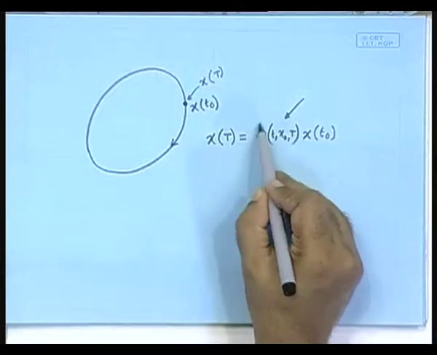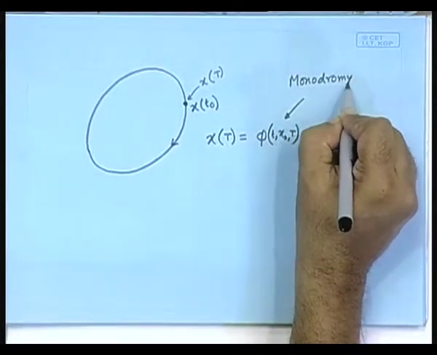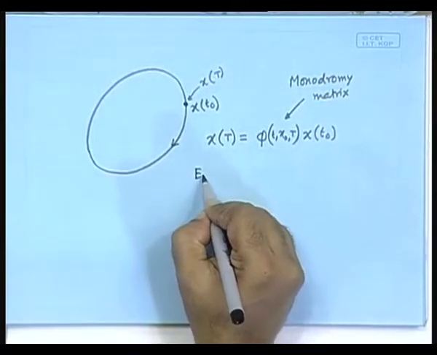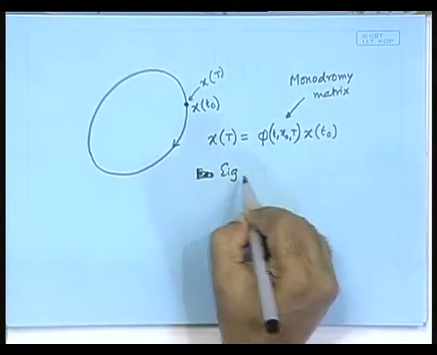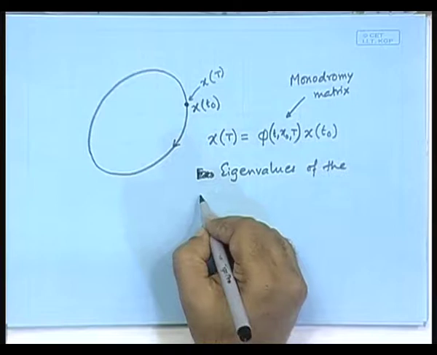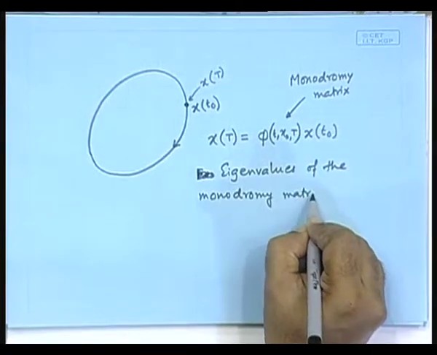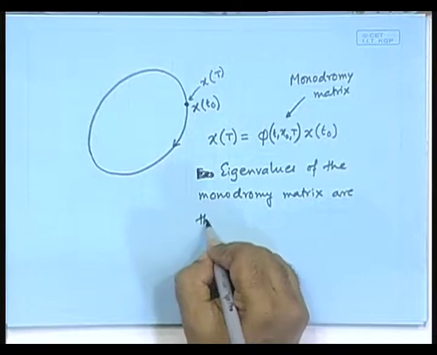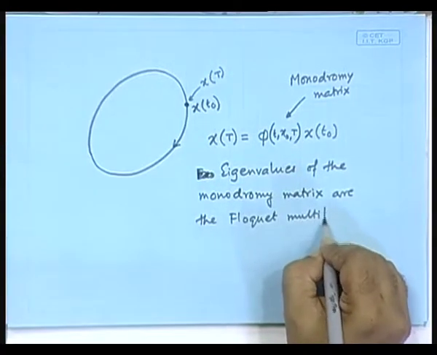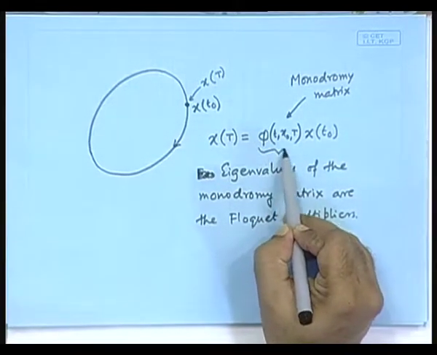This matrix, as we said, is the monodromy matrix, and the eigenvalues of the monodromy matrix are the Floquet multipliers. So, ultimately the job is to identify this matrix and obtain its eigenvalues.